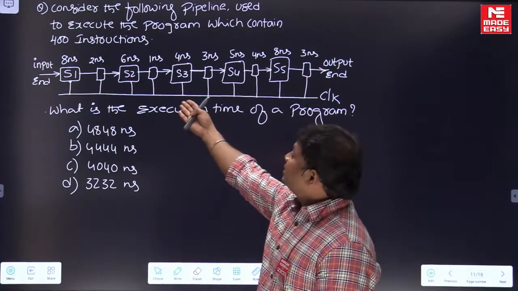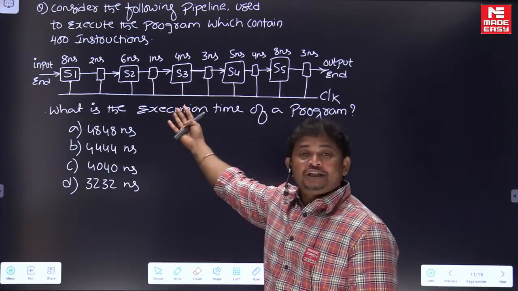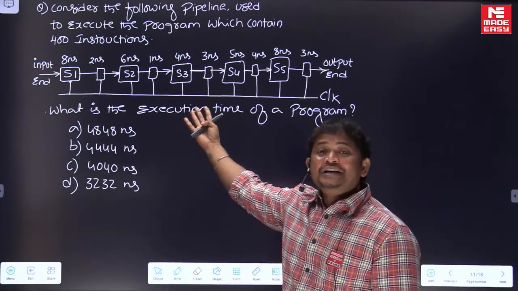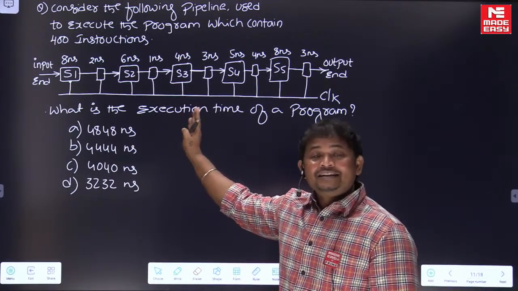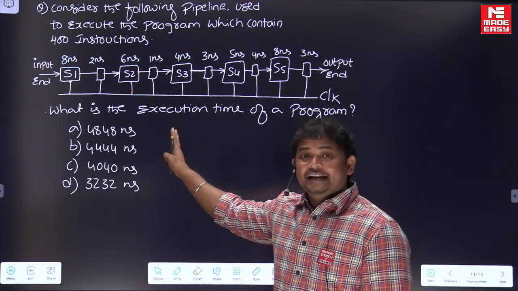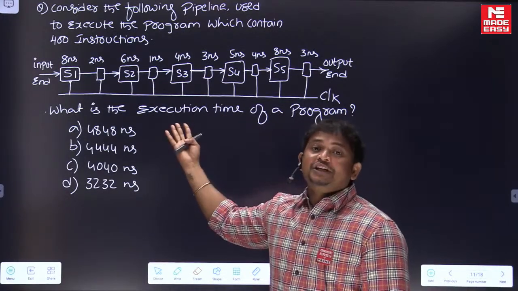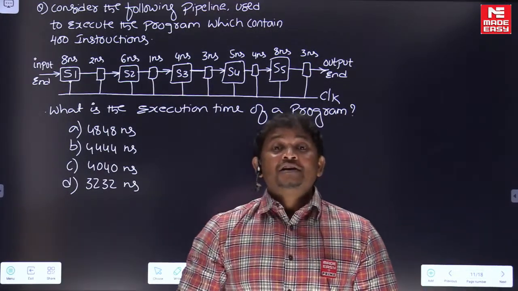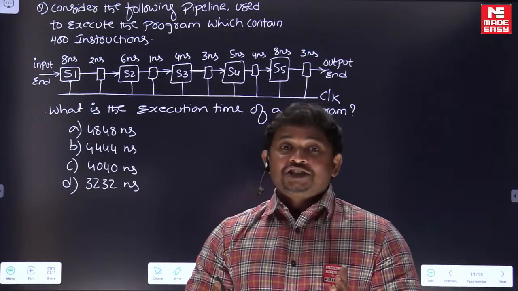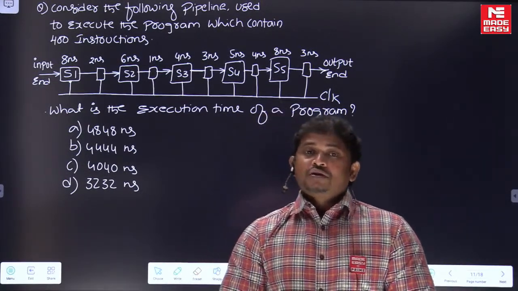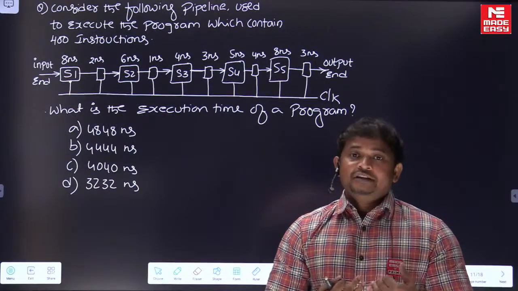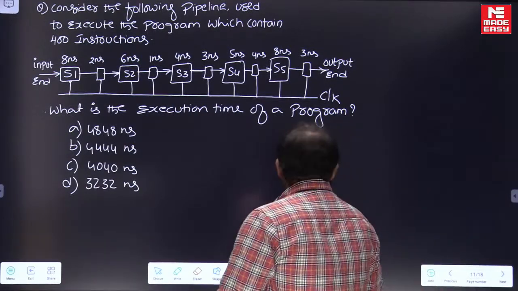But in this question, this is a hypothetical pipeline. In this pipeline, they gave the stages with different delays and the buffers with different delays. So what it means? Non-uniform delay stages with non-uniform delay buffers. Then how to solve the question? That we will see. Understood? Right.